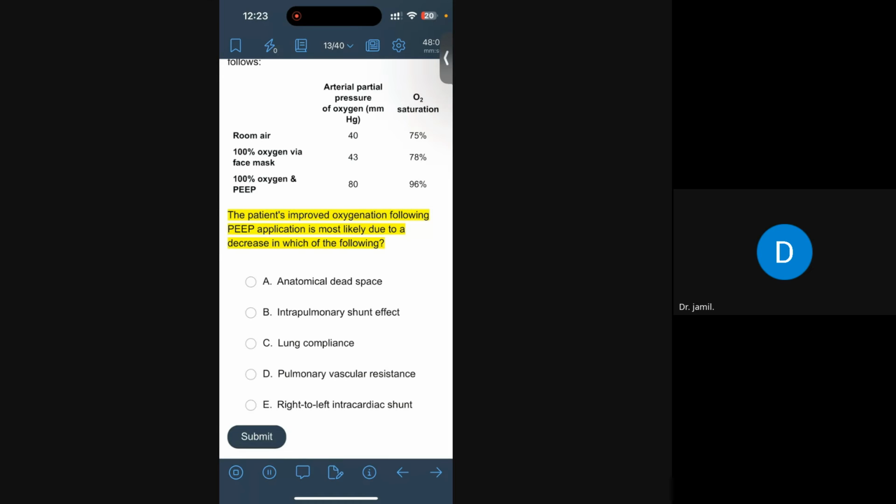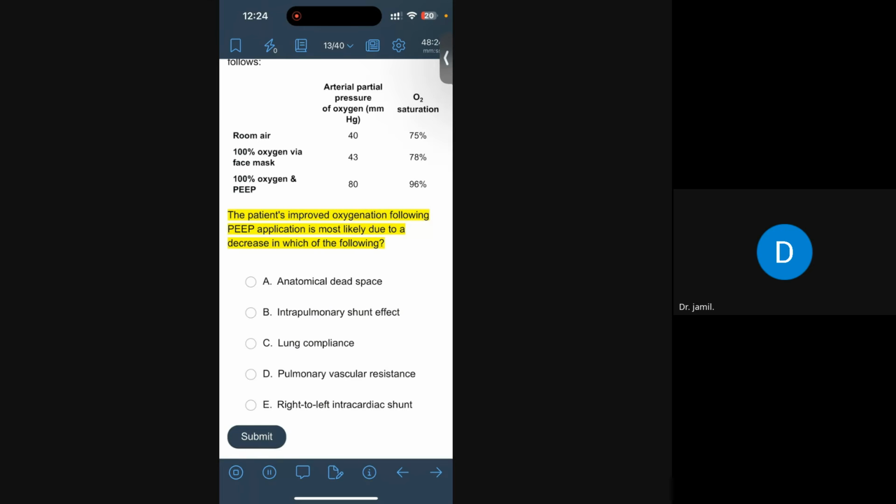Q becomes zero. That means there is no blood supply. There is ventilation without perfusion.